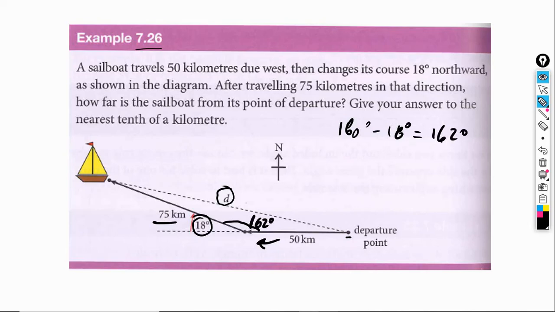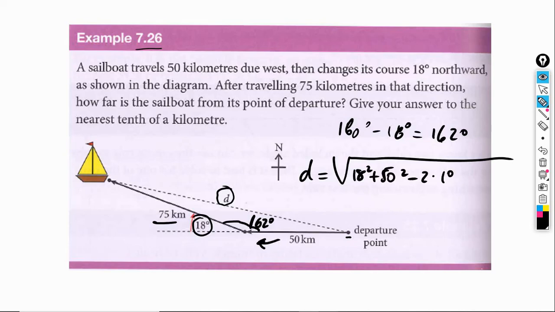Therefore, using the cosine rule, we can say that D is equal to the square root of 18 squared plus 50 squared minus 2 times 18 times 50 times the cosine of 162.